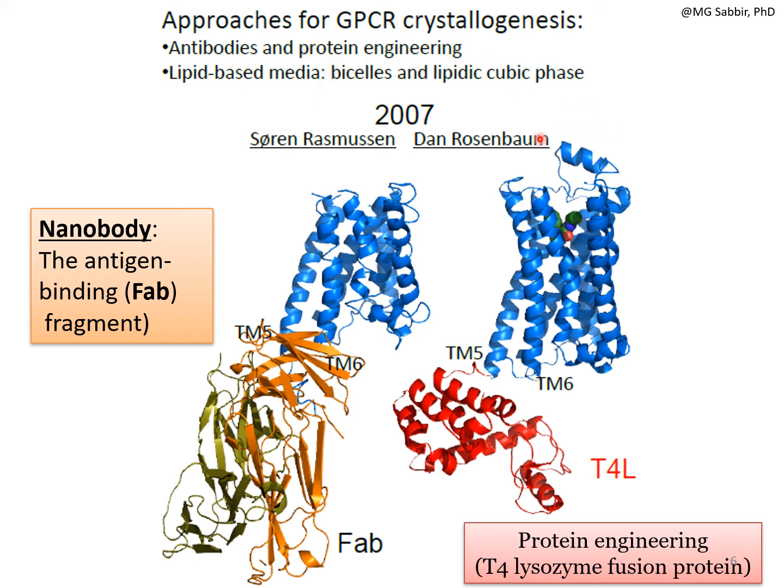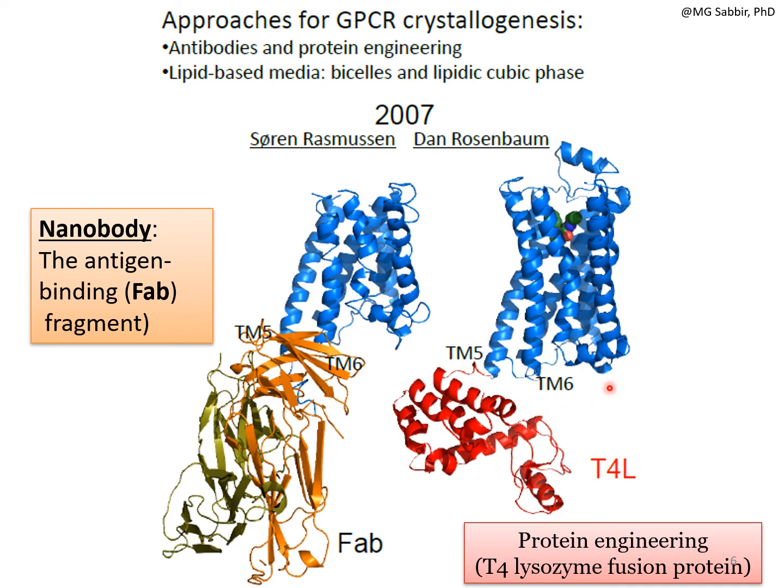The fundamental basis of the protein engineering technique was the fact that the majority part of the G protein coupled receptor is surrounded by lipids or detergents in the crystallizing medium, allowing very limited hydrophilic surface for crystal packing contacts. It has been shown that increasing the hydrophilic surface at the cytoplasmic site of the receptor can facilitate GPCR crystallization.